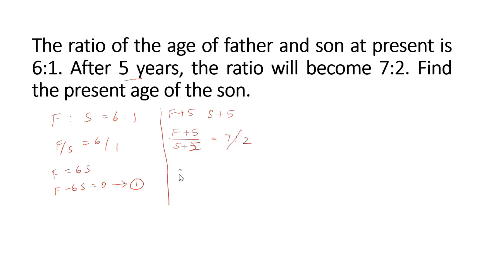On cross multiplication, 2 into F plus 5 is equal to 7 times S plus 5. 2F plus 10 is equal to 7S plus 35. 2F minus 7S is equal to 25.